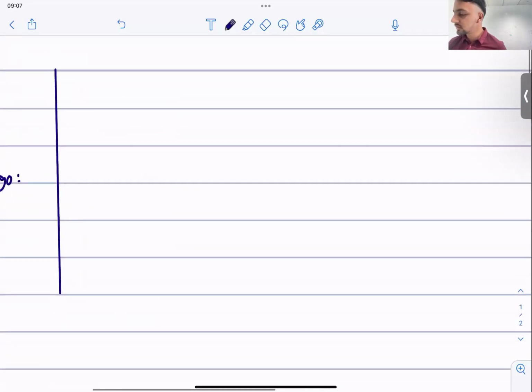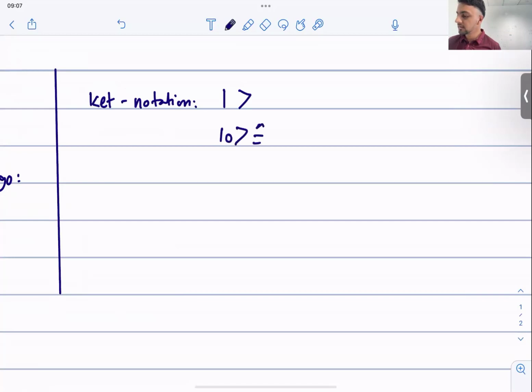Okay, so let's go through the very basic stuff. For example, let's go through the ket notation. We learned that the zero vector, which is (1, 0), is written like this, and then the one vector, which is (0, 1).